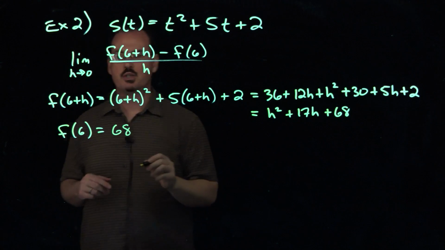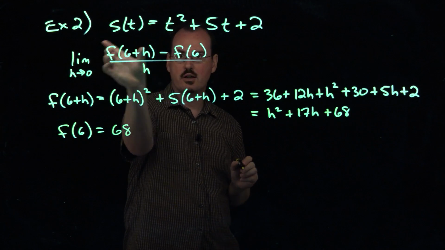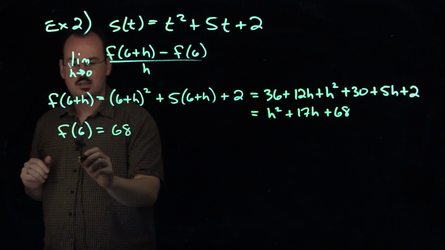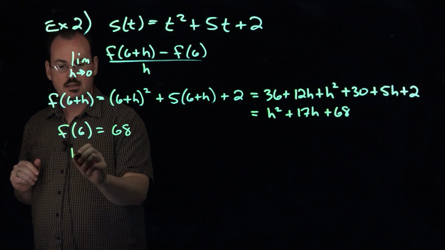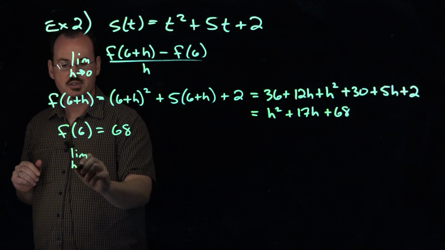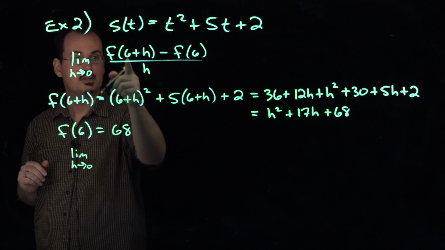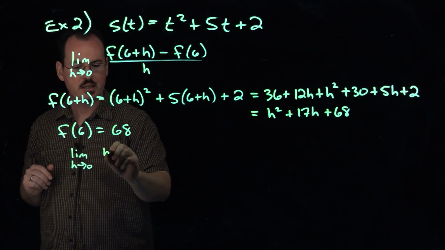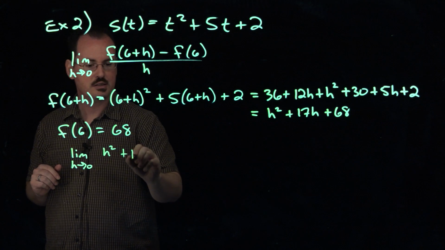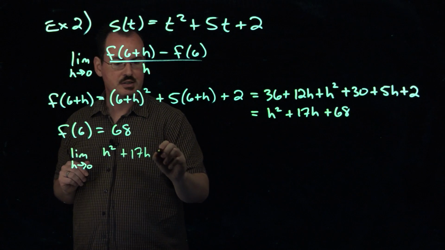Okay? So what we're doing is figuring out what these quantities are in the formula that we have to use. So the instantaneous rate of change is the limit as h approaches 0 of, we just found f of 6 plus h was this quantity here. So we're going to have h squared plus 17h plus 68.